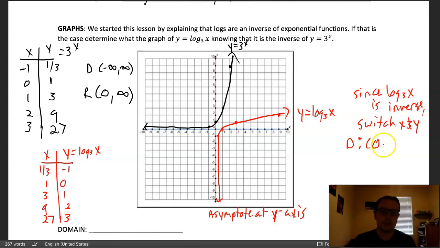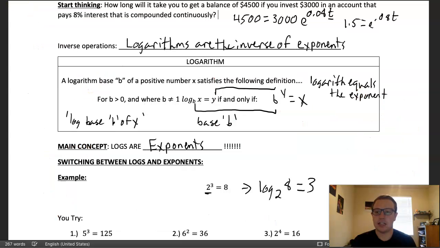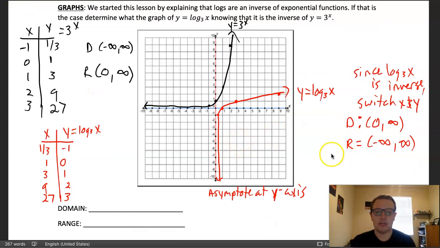So our domain is going to be 0 to infinity, and our range is going to be our domain. So our range is -infinity to +infinity. So we just flipped our domain and range of the inverse function to get to our values. Our domain is 0 to infinity. Our range is -infinity to +infinity.